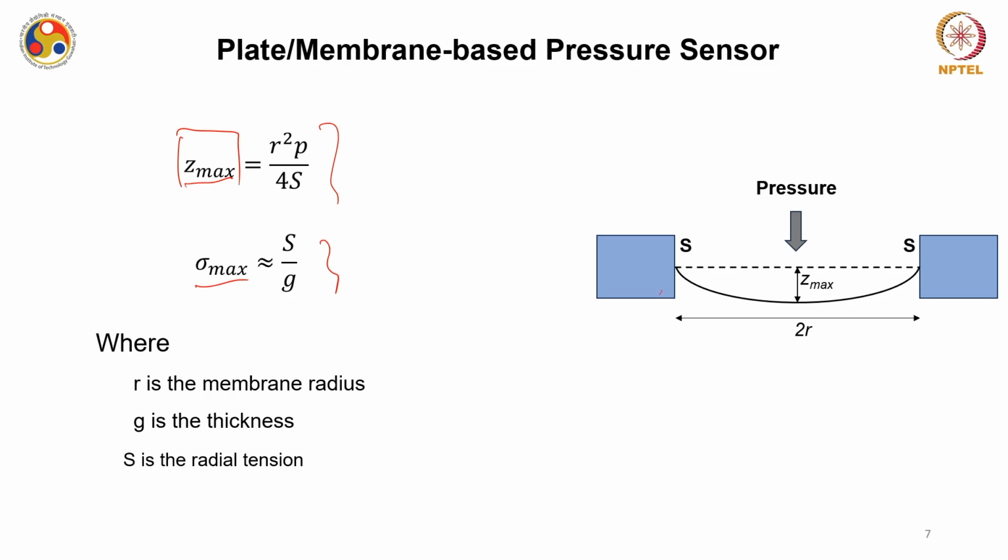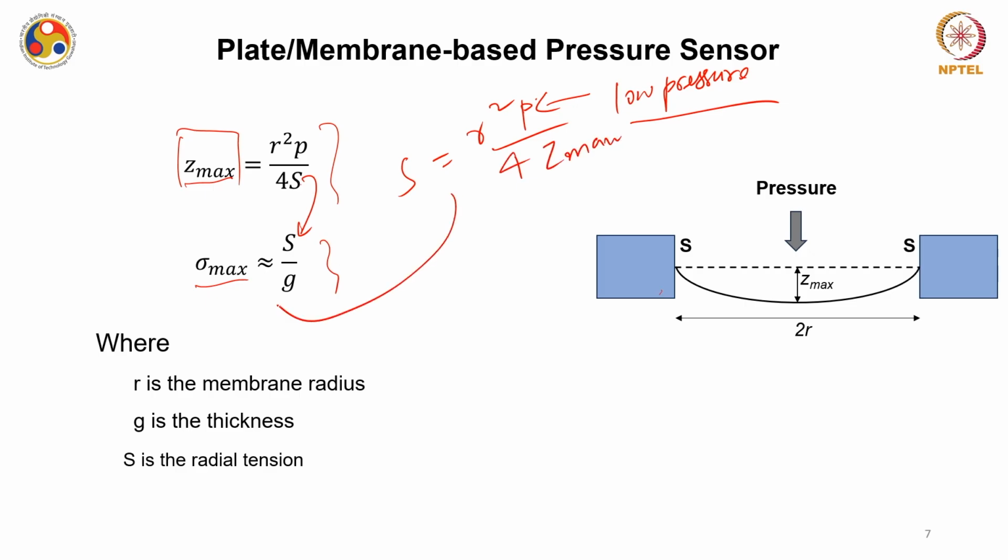What I can do is substitute this S in terms of Z max. So S will be equal to R square into applied pressure by 4 Z max. Please note that the pressure I am talking about is low pressure. Since we are discussing the course on microsensors, we are not talking about high pressures. So this tension in terms of Z max can be written as R square P by 4 Z max, right.